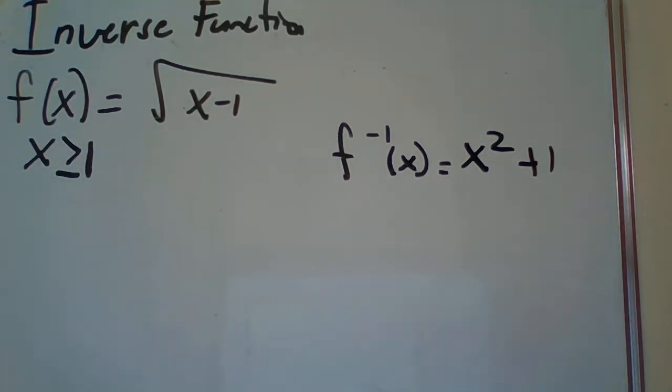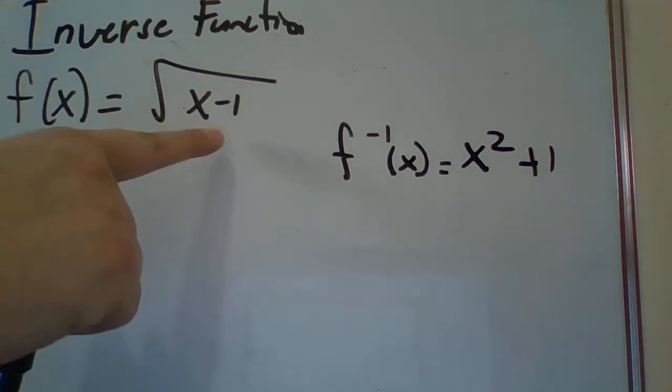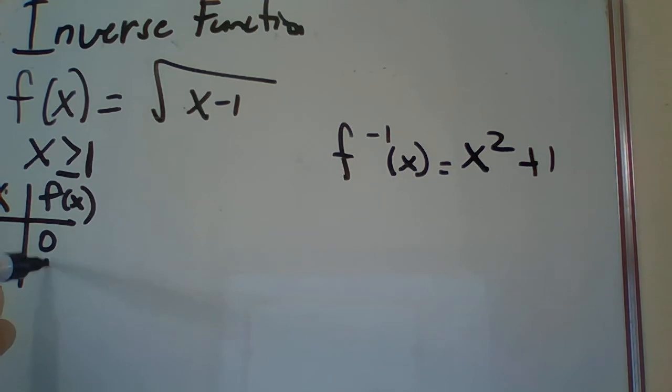So, now we have a restriction. In that case, our table of values, f of x: this should be equal to 1, or greater, going up. So, 1 becomes 0. And then, if we put 2 there, 2 minus 1 is 1. Square root of 1 is still 1.